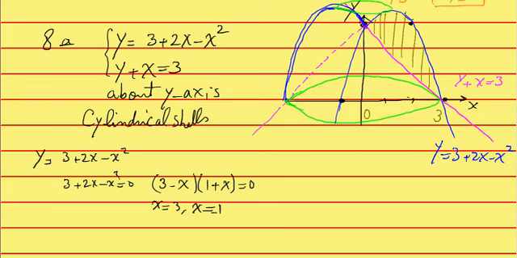What do we do? We pick one of these strips, say at location x. See what happens to it when it goes around.